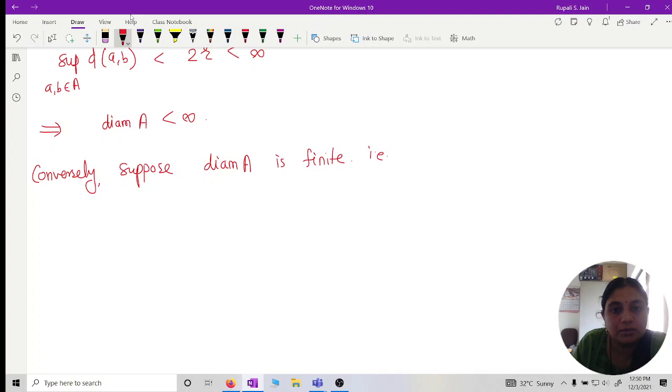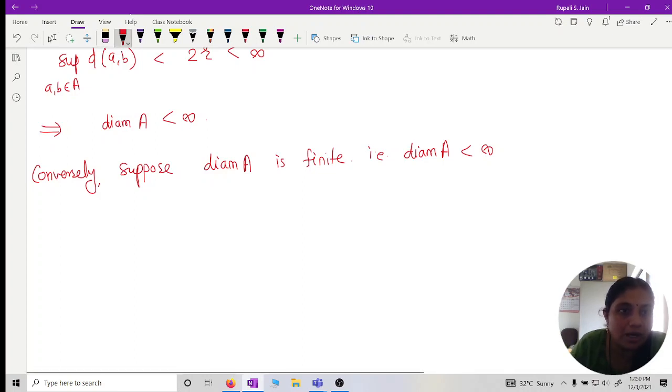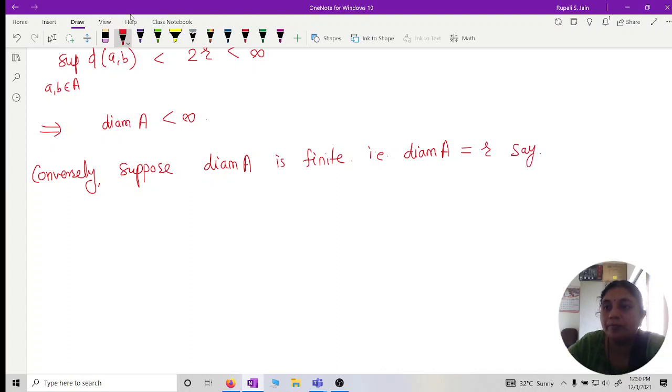And that is, diameter of A is less than infinity, or we can say diameter of A is finite, which is equal to R, say. Okay, so if diameter of A is finite, then what can I say?